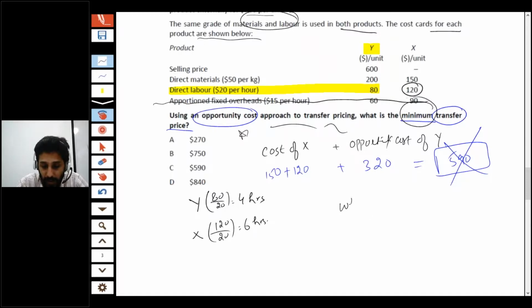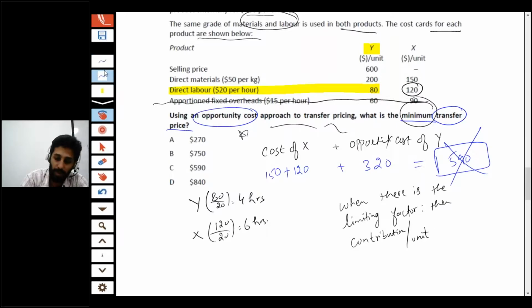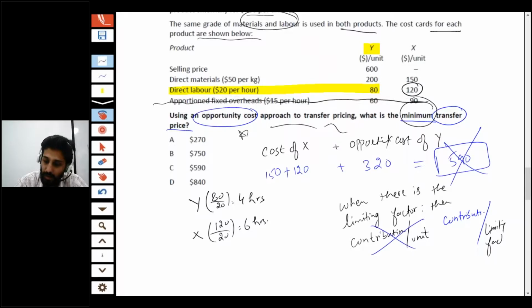When there is a limiting factor, you need to calculate the contribution per limiting factor, right?